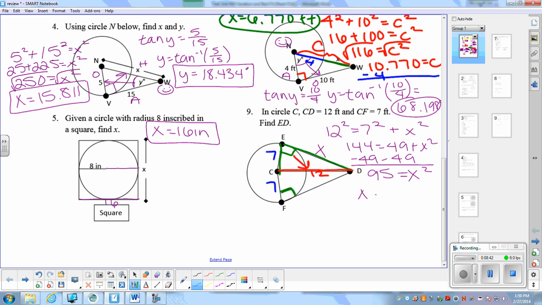I get X equals 9.746, and we're in feet. So ED is 9.746 feet. All right, next page.